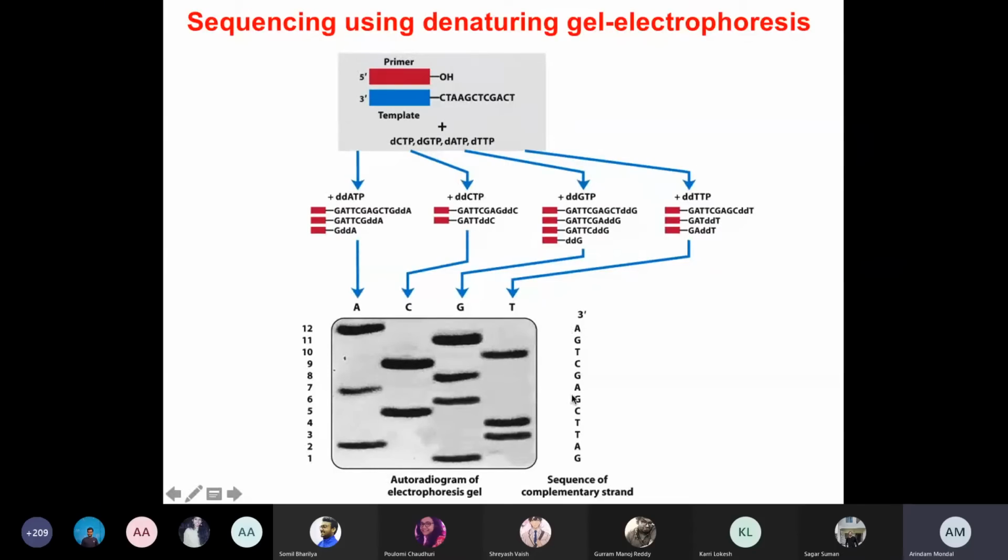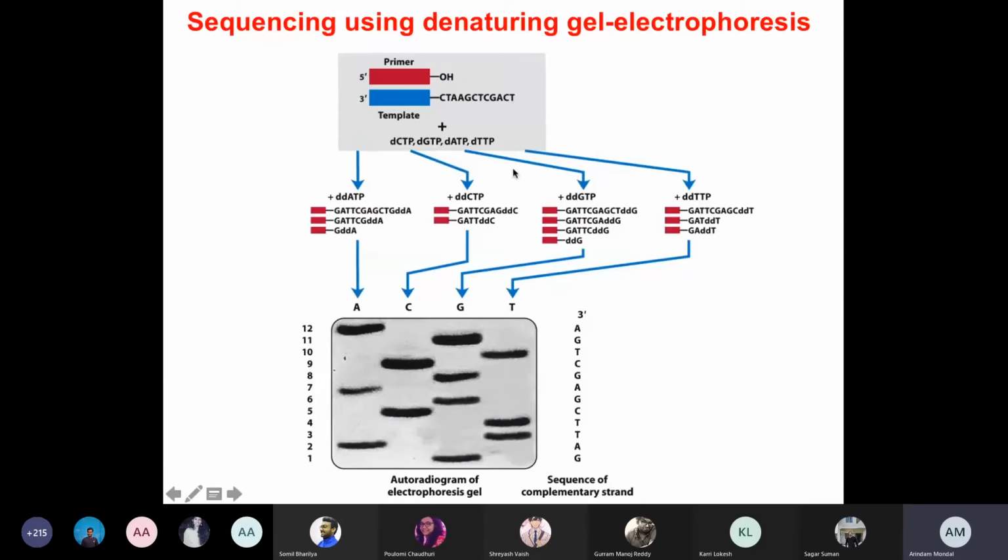But as you can imagine, this is an extremely laborious and cumbersome practice, right? For example, here it's only a 12 nucleotide sequence that you are trying to get, and in that case you'll be getting so many bands.